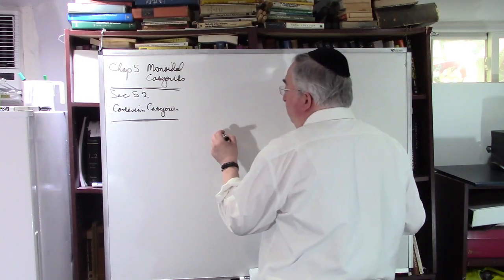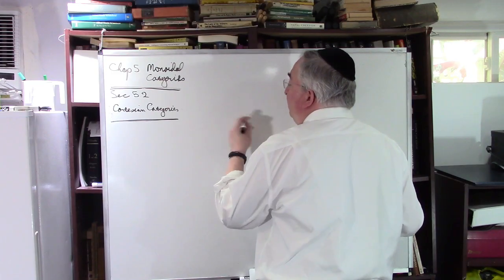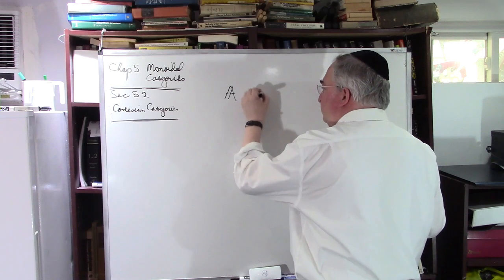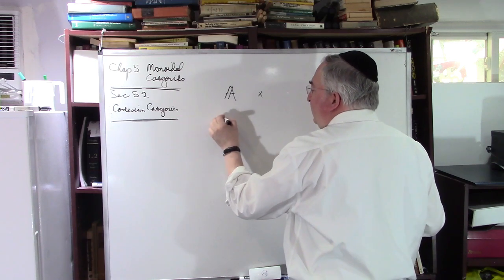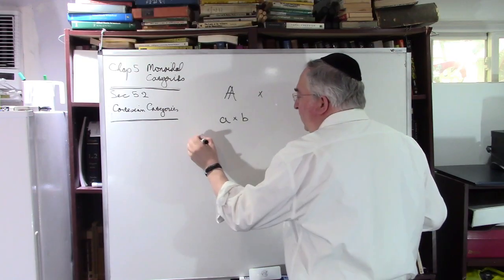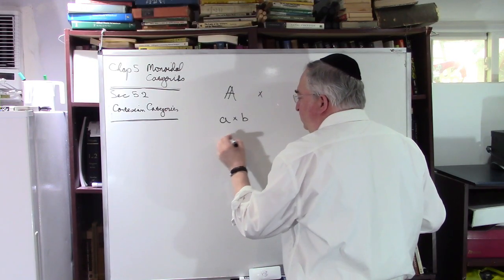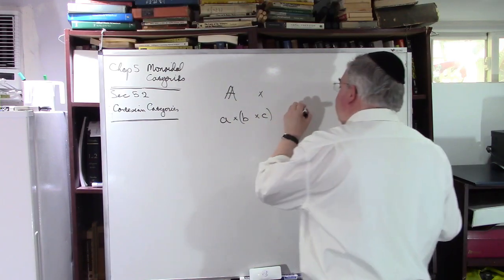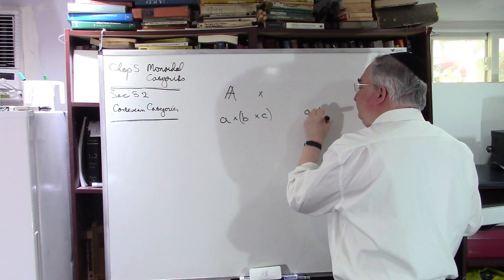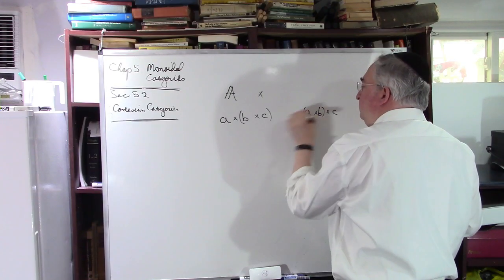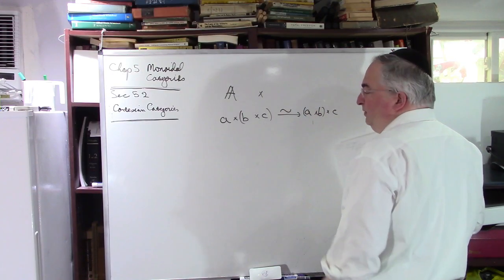One of the things we saw was that if you have a category A and it has a product, then there's a way of getting that. But we also saw another thing: if you have three elements in the category, then there's an isomorphism between them.